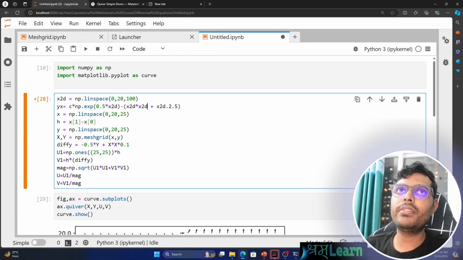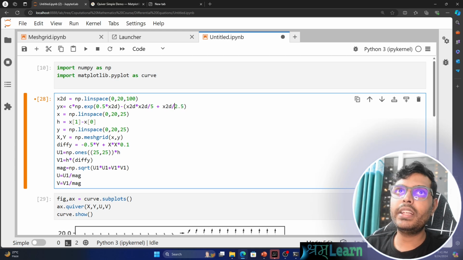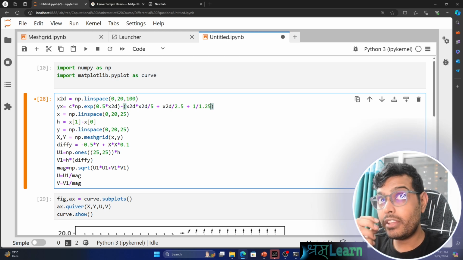Here we have a division also, that is 5, divided by 2.5 plus 1 divided by 1.25.